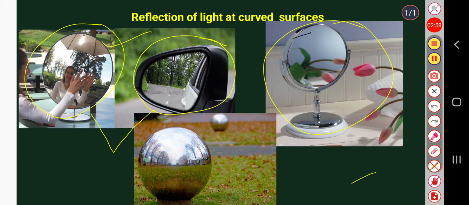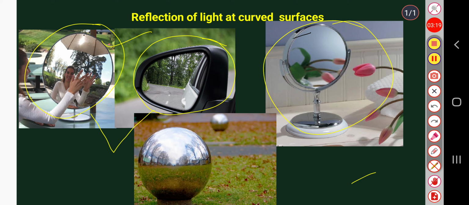So do you think these mirrors are plane mirrors? No, absolutely no. These are not plane mirrors. Though they seem to be plane mirrors, they are not plane mirrors. They are spherical mirrors. Strictly, they are concave mirrors.